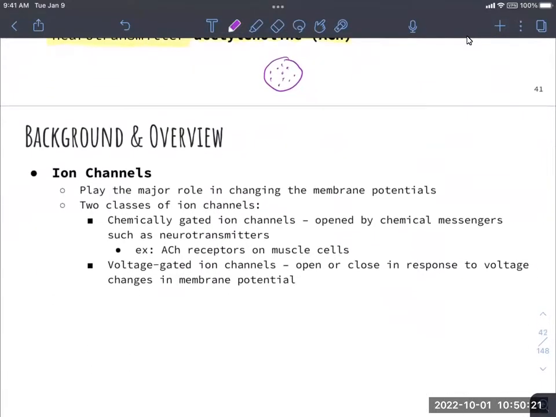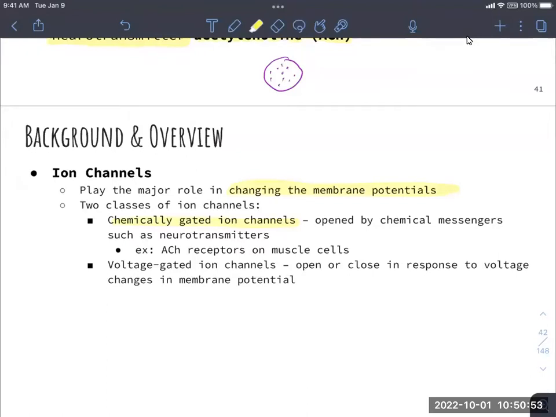So we talked about ion channels when we talked about cells. This is where we're going to put that to use. We use ion channels to change the membrane potential. We have chemically gated ion channels.